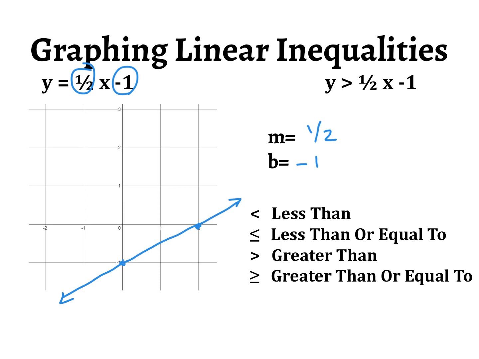Now, if you notice here on the other side, we have the linear inequality version of this function. They're both going to be very similar because notice how they both have the same slope. 1/2 is the same, and -1 is the y-intercept. The thing that changes is that now, instead of looking at a y equals, it'll now be a greater than symbol, or any one of these.